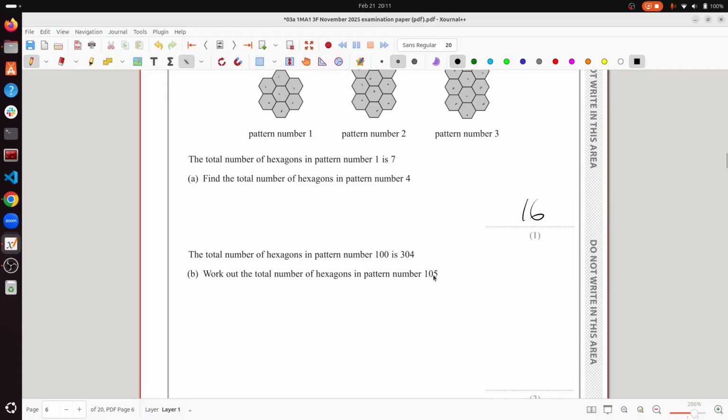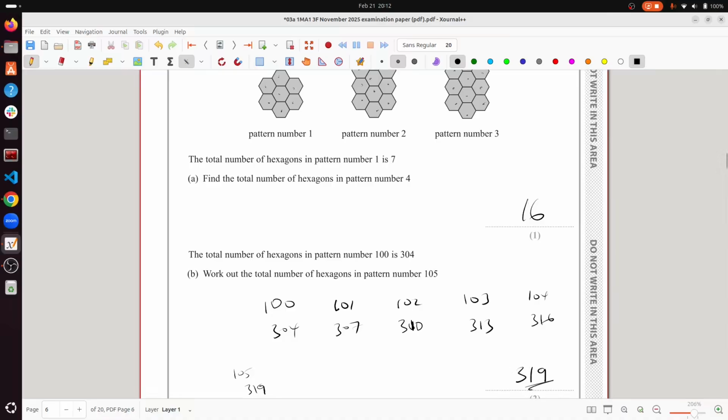I would say it's much easier to just add from the 100th one: 101, 102, 103, 104, 105. So this is 304. We add 3, 307, 310, 313, 316, and then 319. So that's one way we could do that, and we put that there.